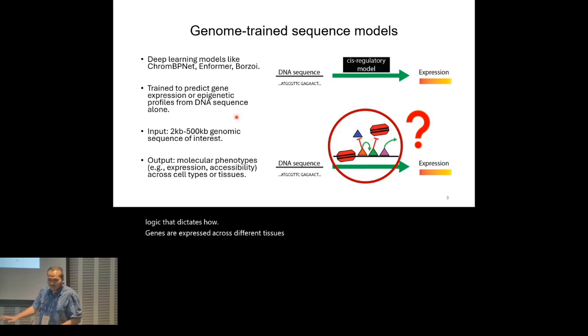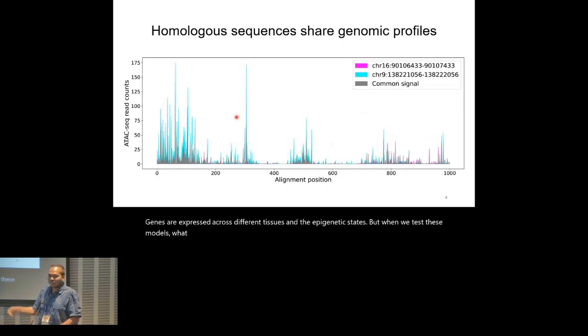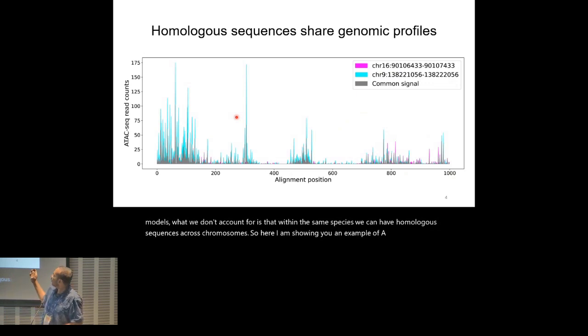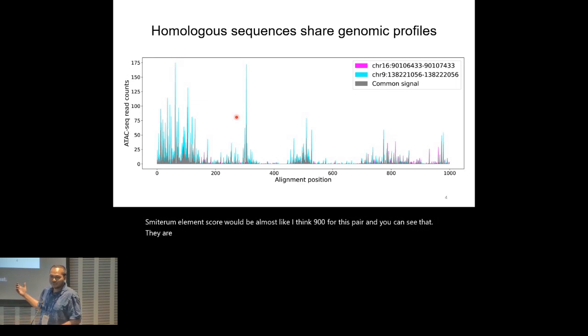But when we test these models, what we don't account for is that within the same species, we can have homologous sequences across chromosomes. Here, I'm showing you an example of a 1000 base pair region from chromosome 16 and chromosome 9. These are highly homologous, the Smith-Waterman score would be almost 900 for this pair, and you can see that they're sharing the accessibility profile.